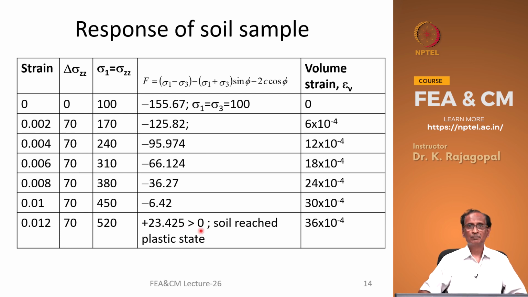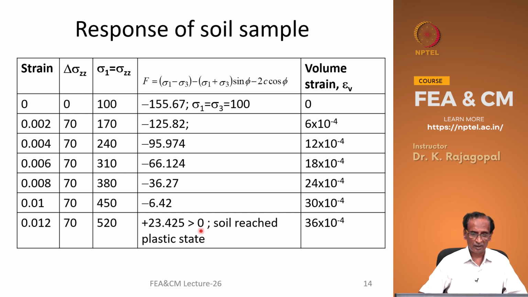So, that means that the soil has reached the plastic limit, and now we have to be alert and see what we should do, so that any further increase in the axial strain will not increase the shear stresses.